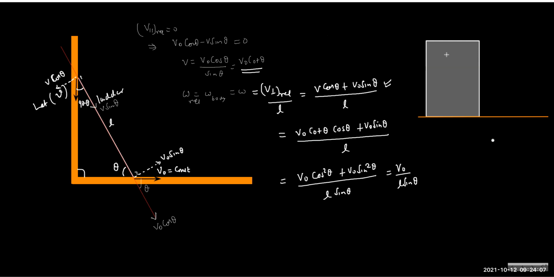So now we have a support, maybe something like a wall, and a ladder is touching it like this. This is the fixed part. This cannot move.